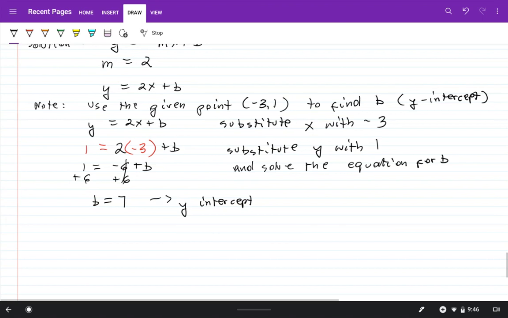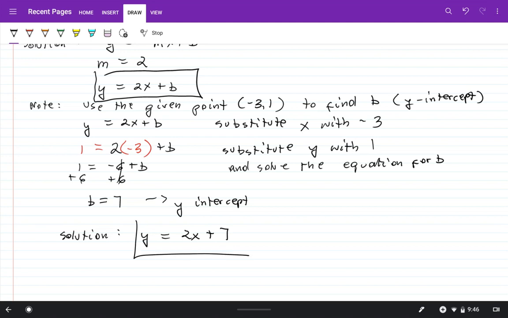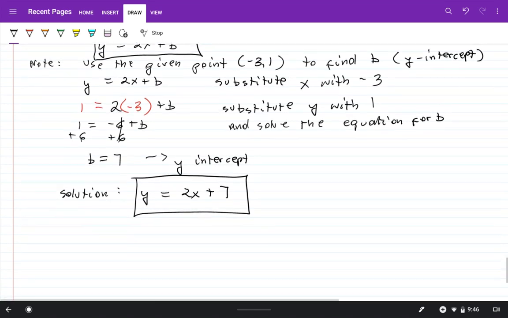Now when we have b, we're just going back to this equation and replacing b with 7. Okay, so we have our solution: y equals 2x plus 7. So we have the equation of the line in slope-intercept form.